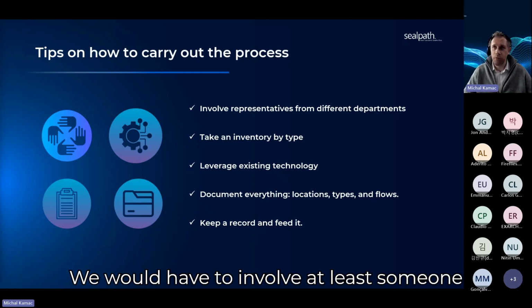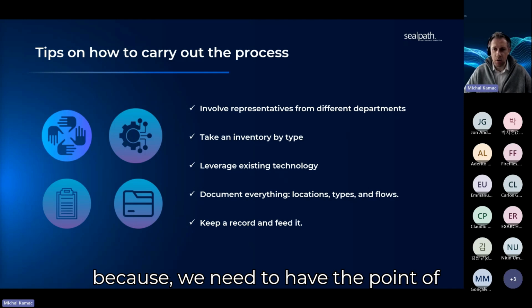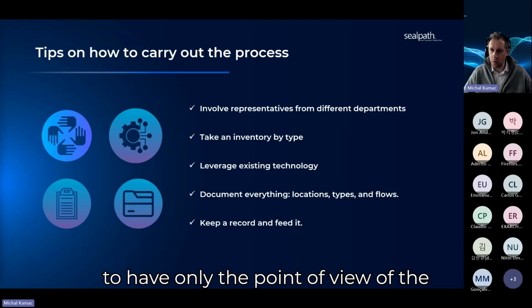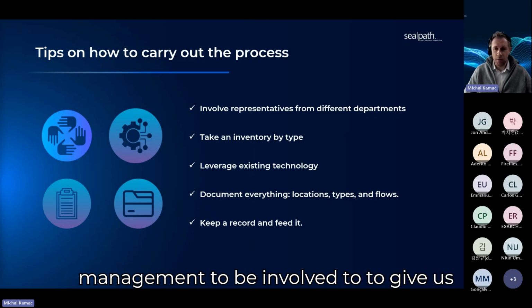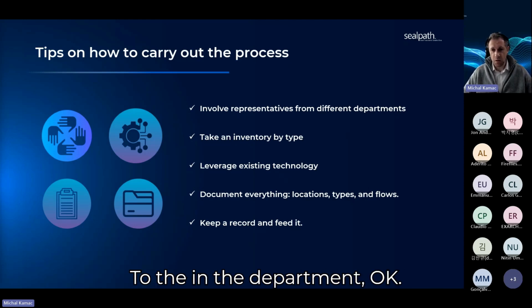We would have to involve at least someone from different areas, because we need to have the point of view of all of them. Okay, it's not enough to have only the point of view of the operational staff. We need also management to be involved to give us the full picture of what is happening in the department.